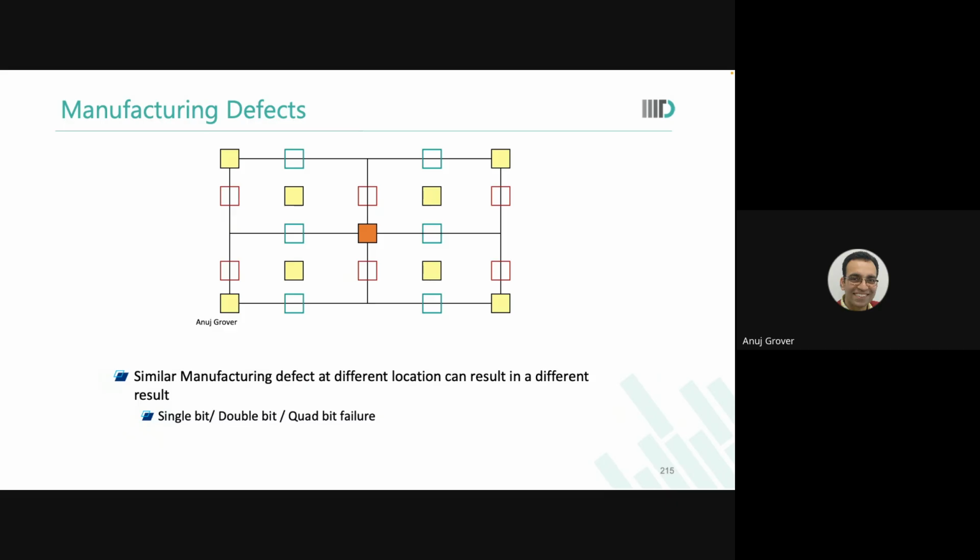So process teams insist that to have good yield on memories where we are violating so many DRCs, we should have some redundancy, some repair cells which can replace technology related fails. See, a technology related fail doesn't mean technology is weak.